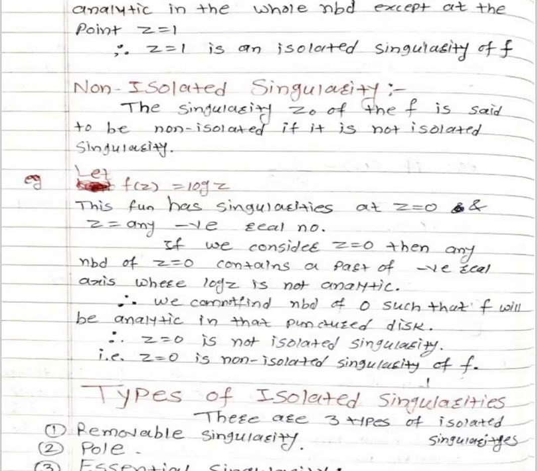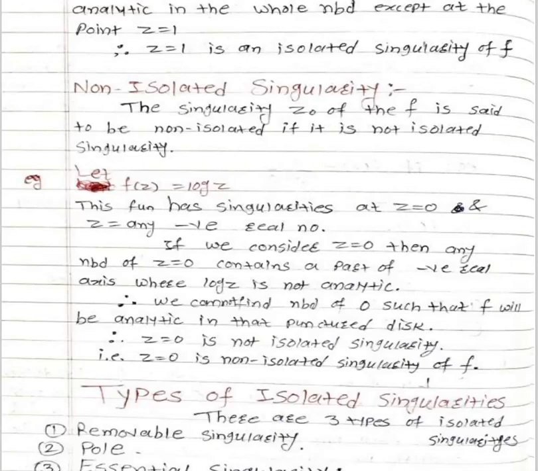So therefore we cannot find a neighborhood of the point z equal to 0 such that f will be analytic in that punctured disc. Punctured disc means excluding that point, the 0 point. So therefore z equal to 0 is not an isolated singularity. So z equal to 0 is a non-isolated singularity of f of z.